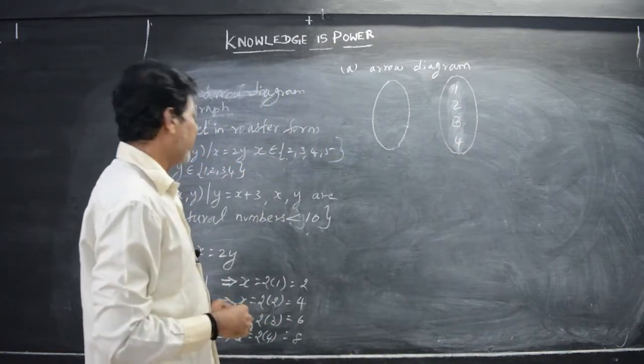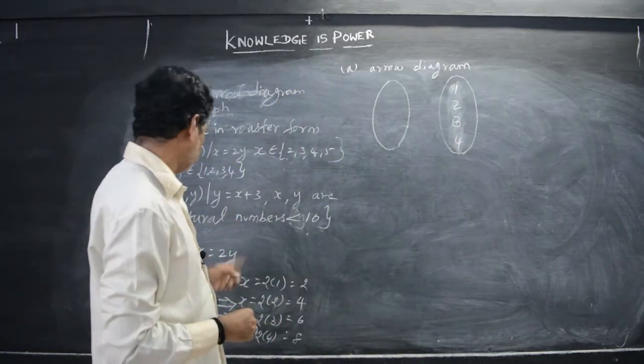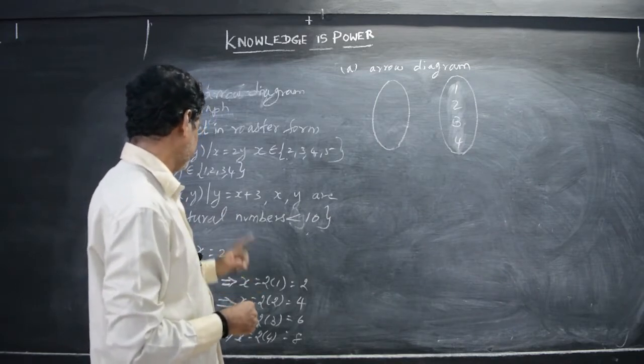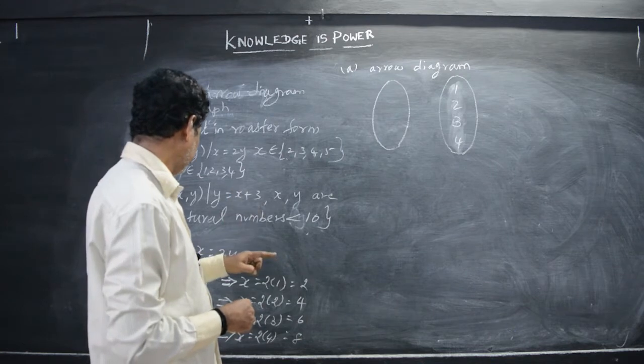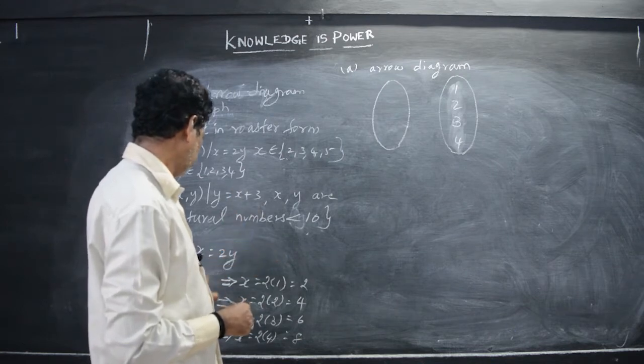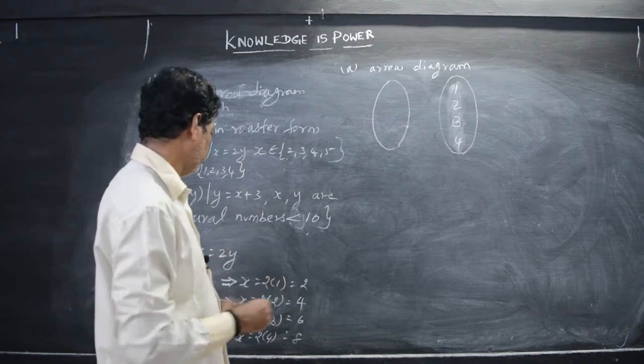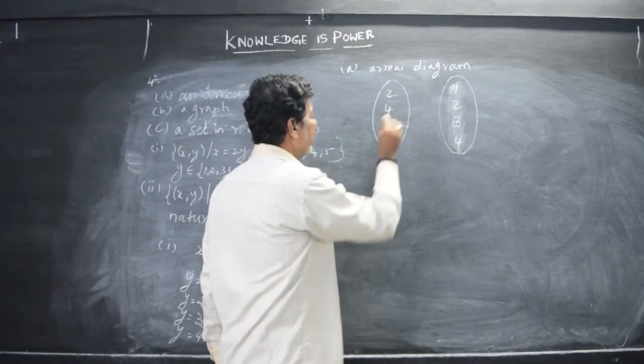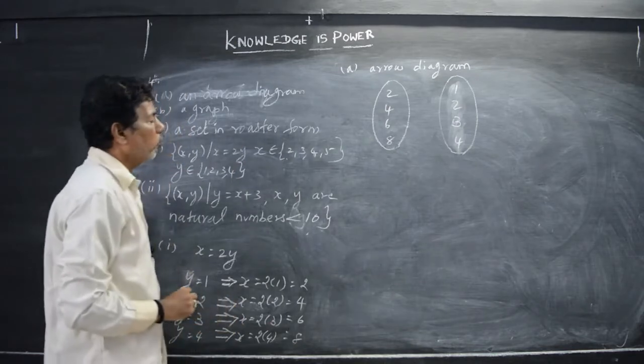Here there will be the x values 1, 2, 3, 4 giving 2, 4, 6, 8.